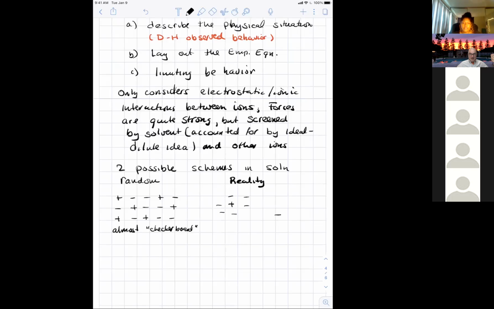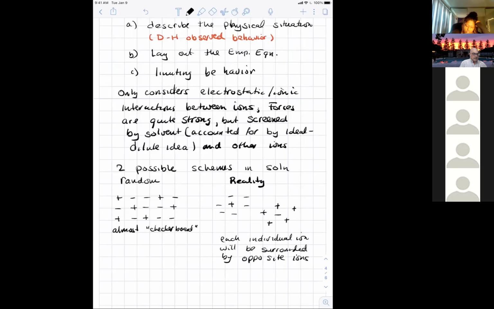I just want to think about kind of an extreme. The negative ion is going to be surrounded by positive ions. So each individual ion will end up being surrounded by opposite ions.